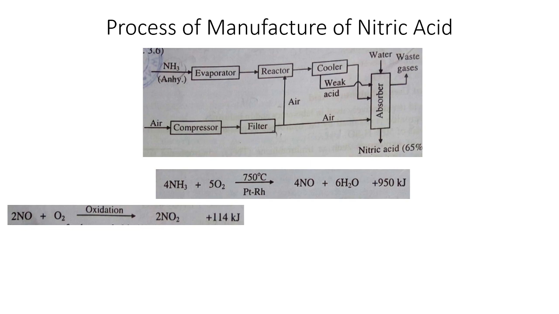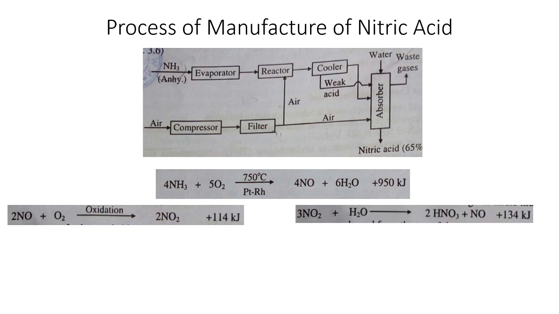Now the gas is further cooled. After this oxidation it is again cooled in an S shaped condenser. This S shape means the gas remains for some time, and thereby effective cooling is achieved, that too by using cold water. Now the NO2 nitrogen dioxide formed reacts further with water to give dilute nitric acid.